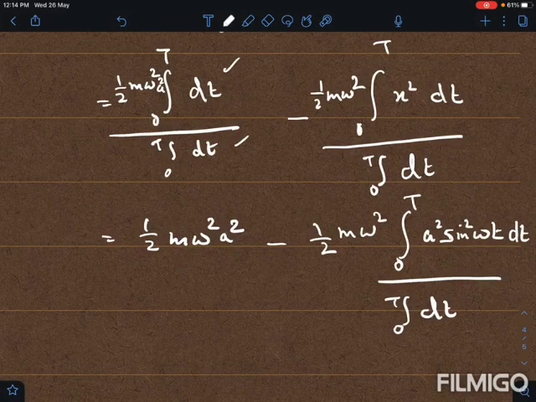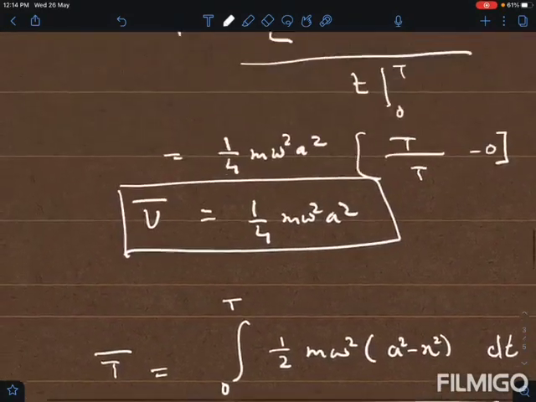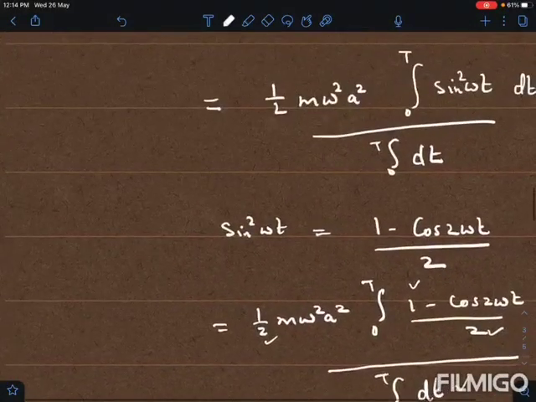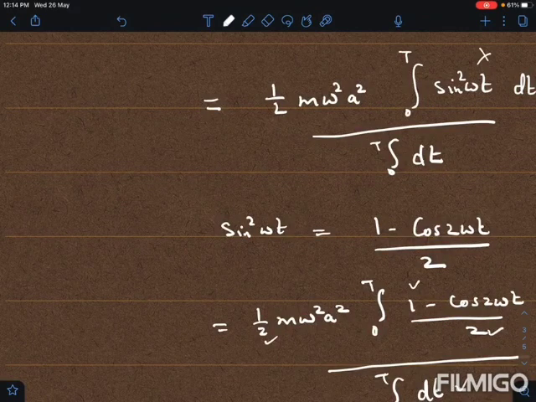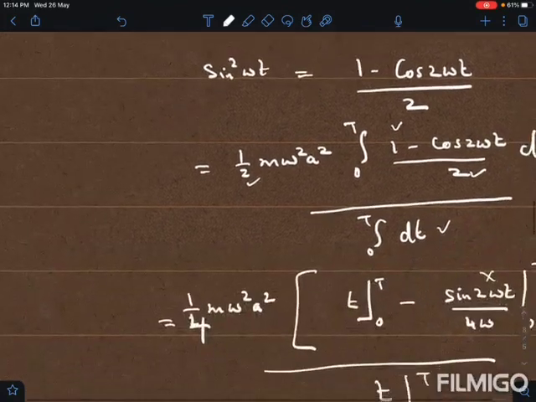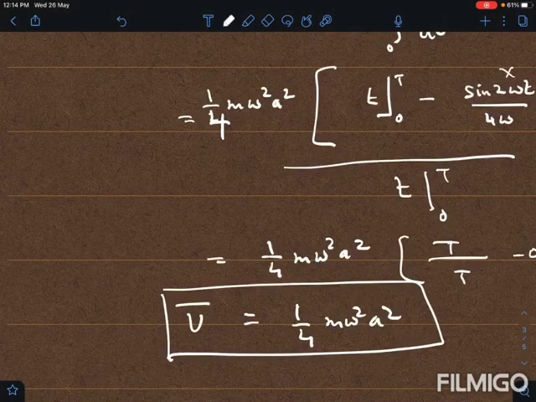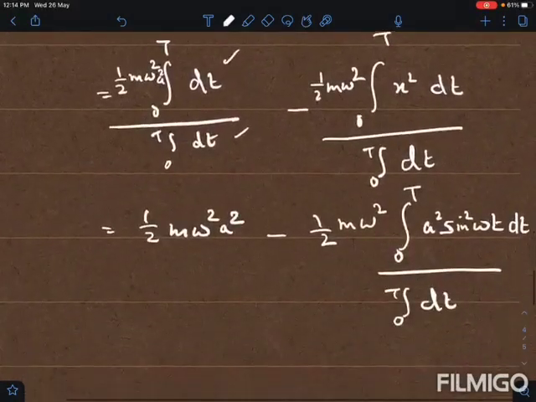This again is the same integration you had before. Sine square omega t is replaced by 1 minus cos 2 omega t by 2, and you end up with just T on top and T on bottom, and then you have just 1 down there.